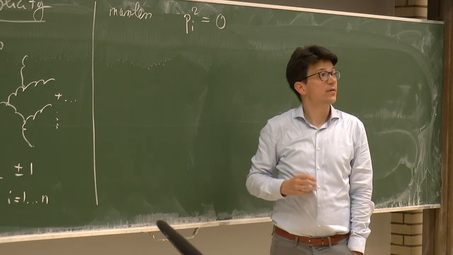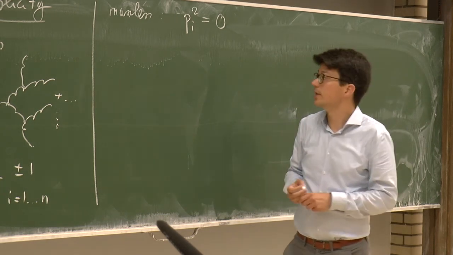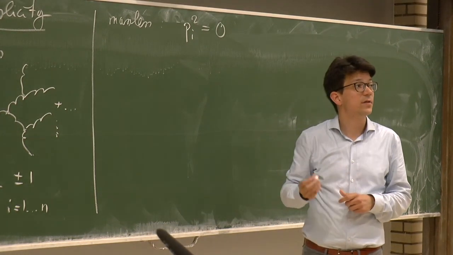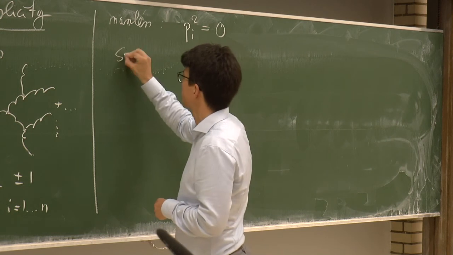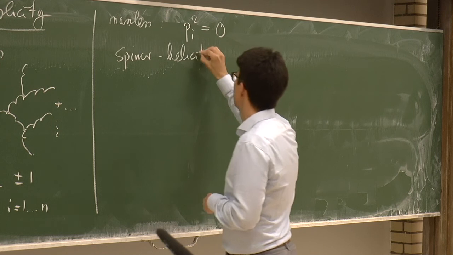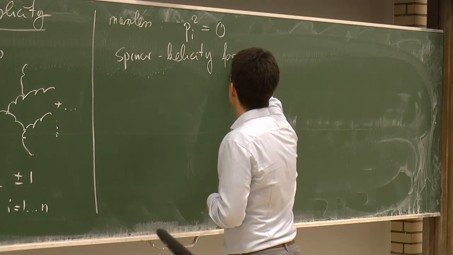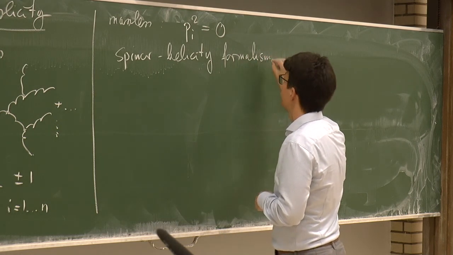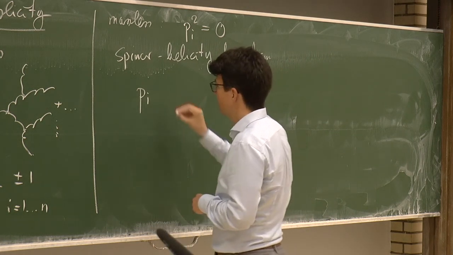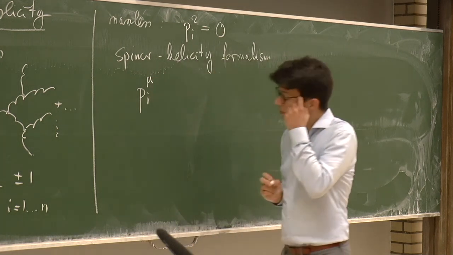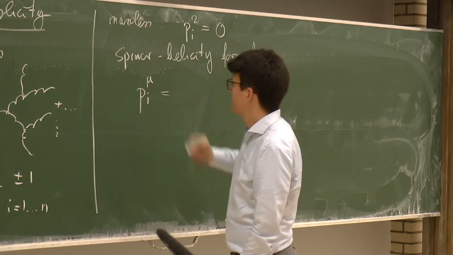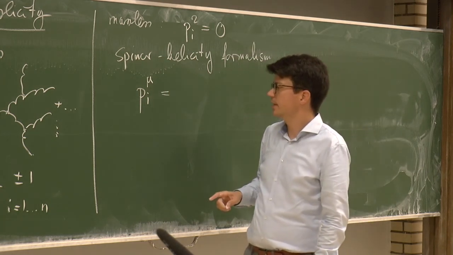And so there exists a very convenient formalism for dealing with massless particles in 4 dimensions, and that's the so-called spinor helicity formalism. So what one does is one takes the momentum p^mu, and first of all one can write this equivalently in the following way.